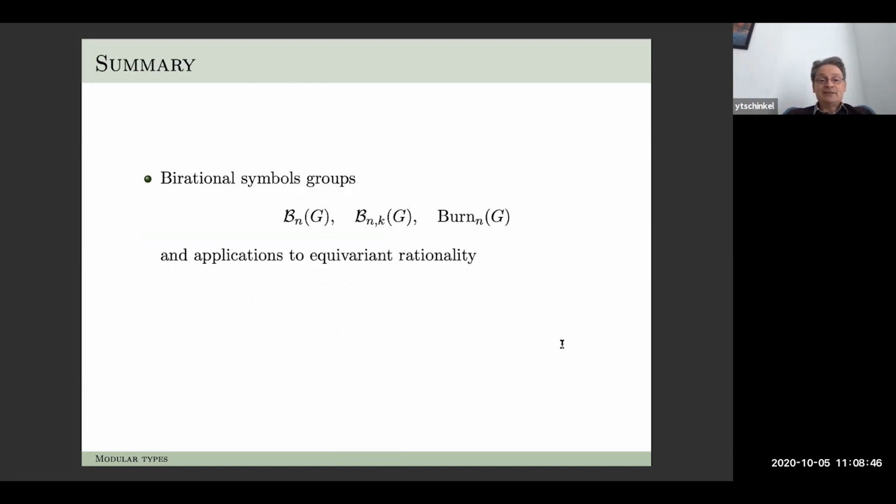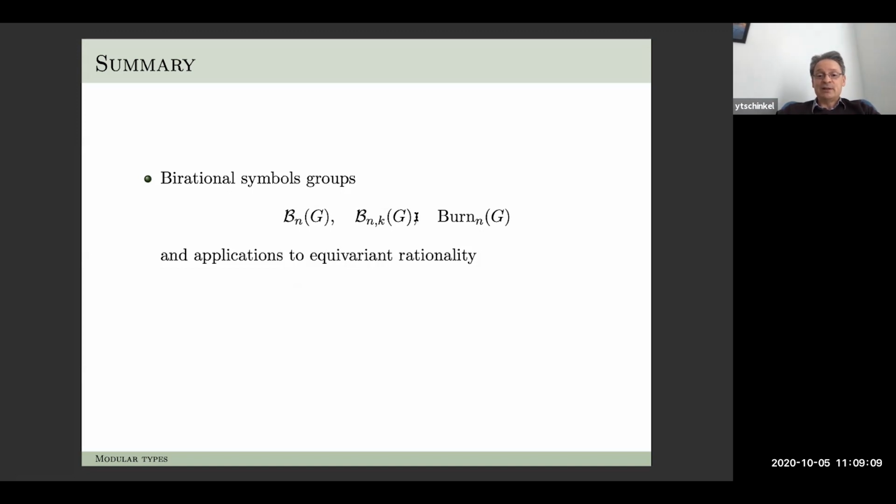So to summarize, we introduced new invariants in equivariant birational geometry. So BNG, which looks at abelian groups acting on varieties and records information only for loci with maximal stabilizer, a full group.